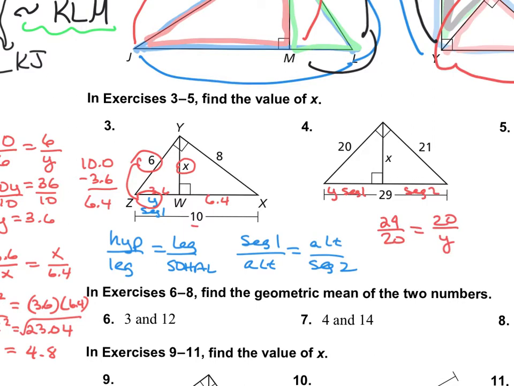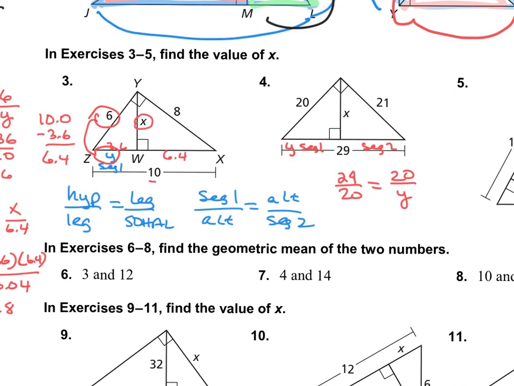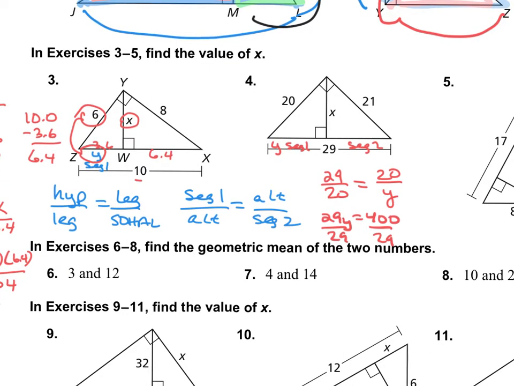Now you could have done the 21, and then you could have found segment 2. Again, it doesn't matter what you identify as segment 1 or segment 2. So 29y equals 400, divide. So 400 divided by 29 gives me this crazy long decimal. It gives me y is equal to 13.793.